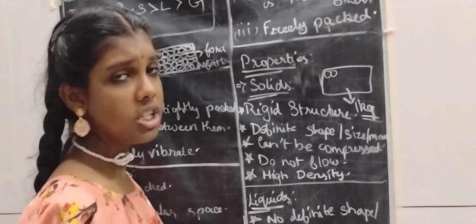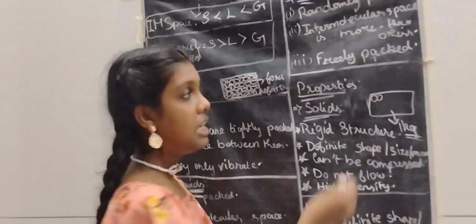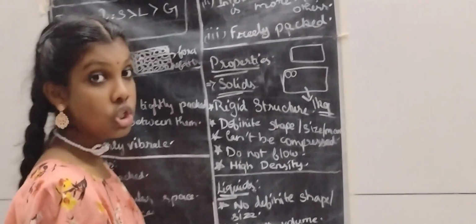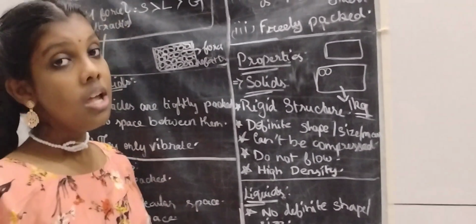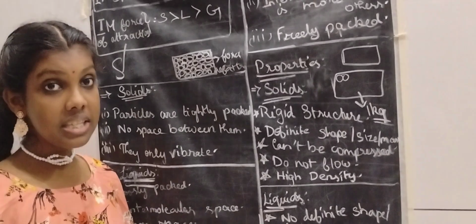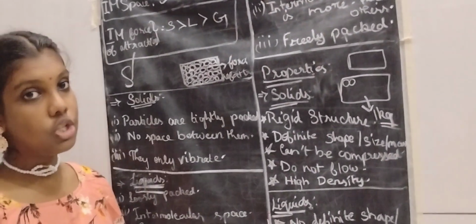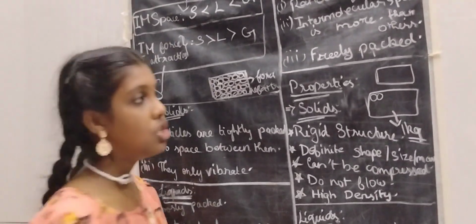Their shape never changes, except for substances like a sponge: if we put pressure, the shape changes, but not throughout. If we release it, it comes back to its original position. It can't change its state.